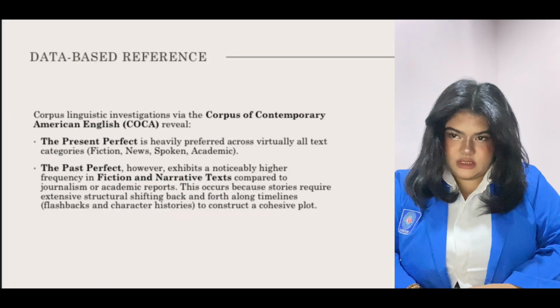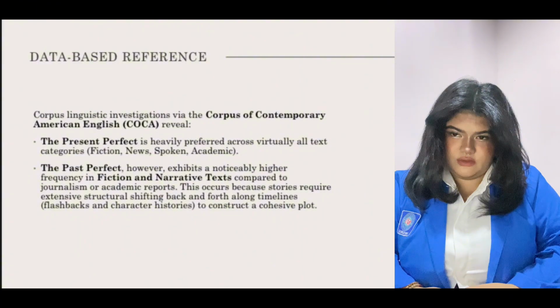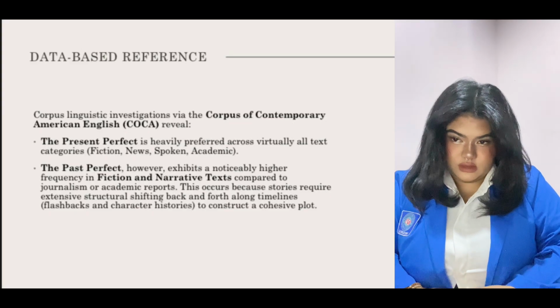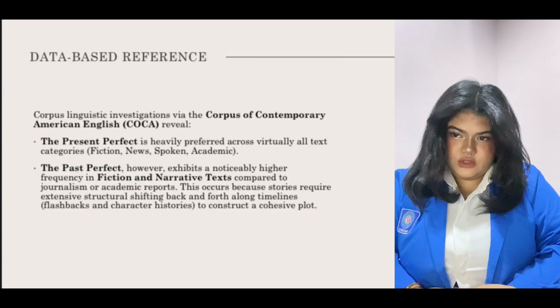For the database reference, corpus linguistic investigations via the Corpus of Contemporary American English, aka COCA, reveal the present perfect is heavily preferred across virtually all text categories like fiction, news, spoken, and academic, and the past perfect, however, exhibits a noticeably higher frequency in fiction and narrative texts compared to journalism or academic reports.